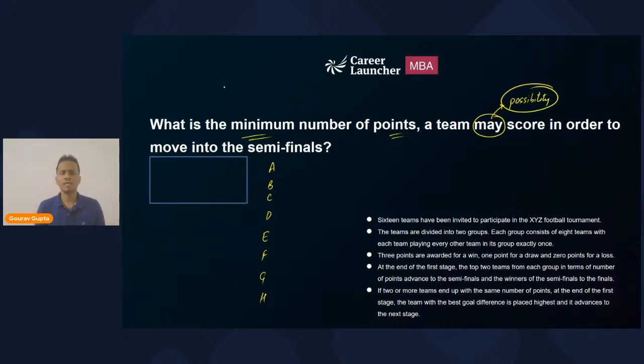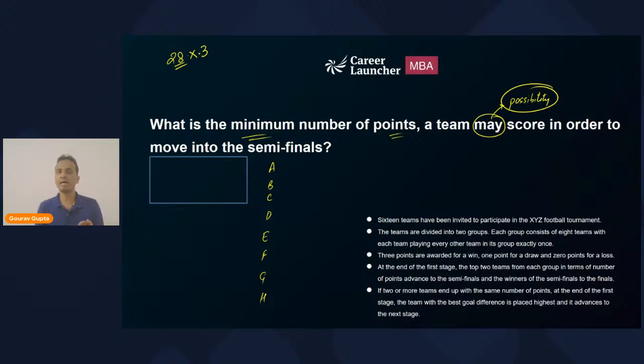Now there are 28 matches in the tournament. If every match has a result, that means in every match one team will win and one team will lose. So total how many points will be distributed? In every match, a team will win and get 3 points.